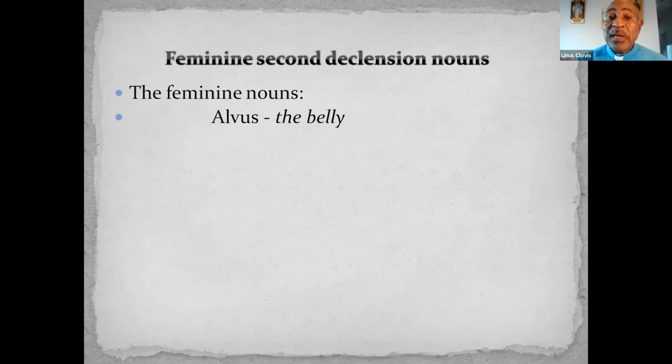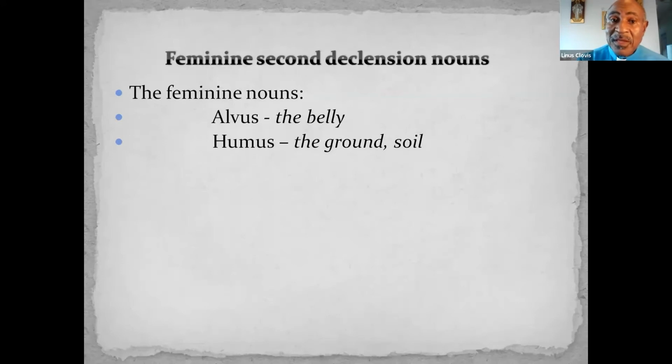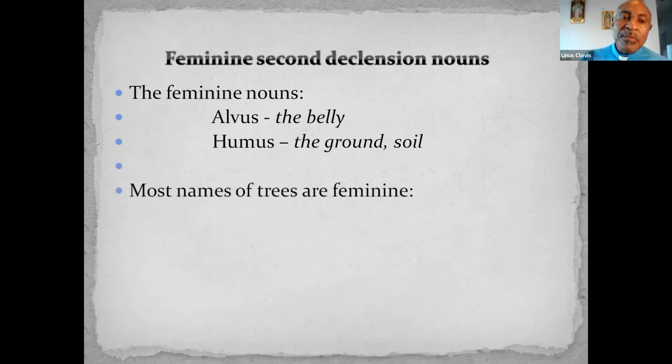Alvus, the belly, and humus, the ground or soil, from which we get humus. Then we have, the names of most trees are feminine.